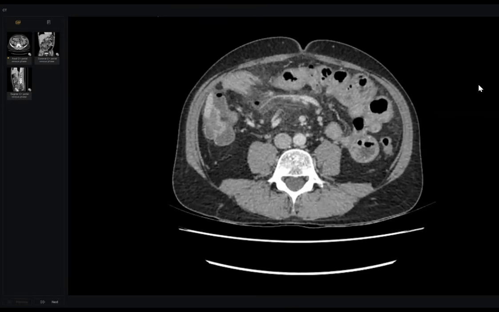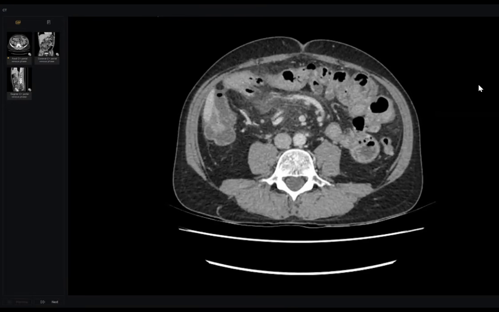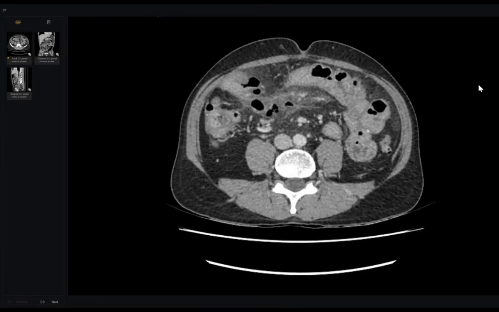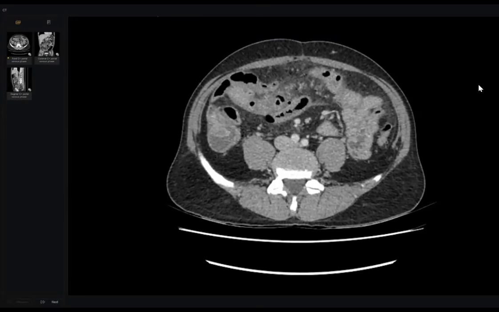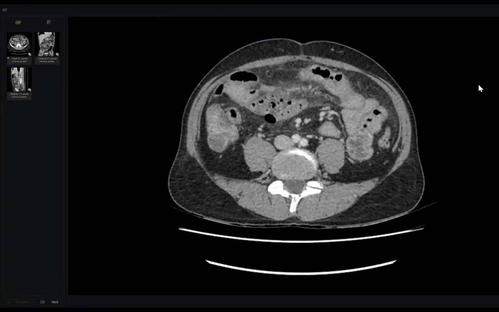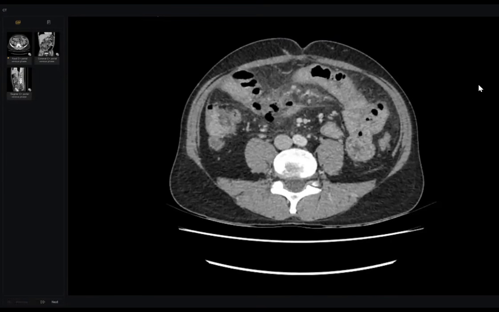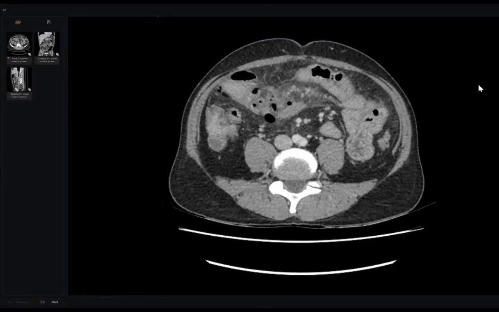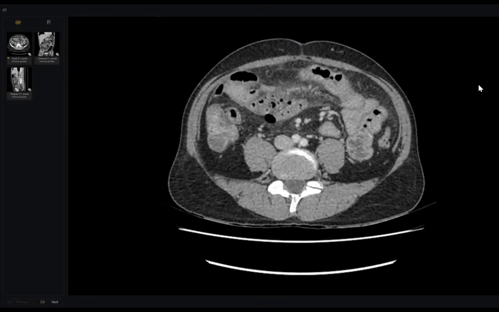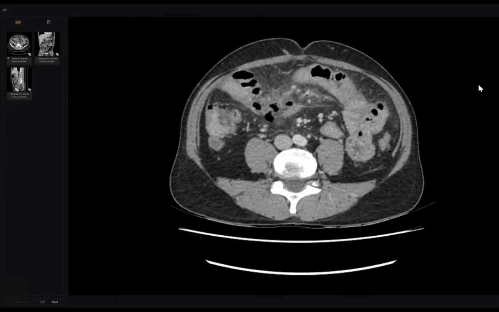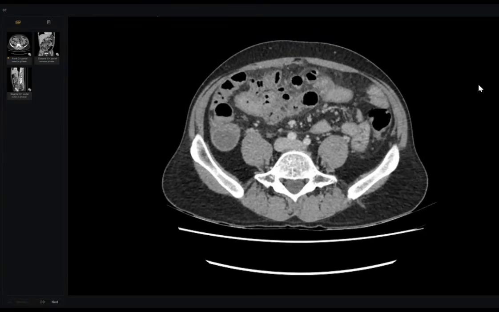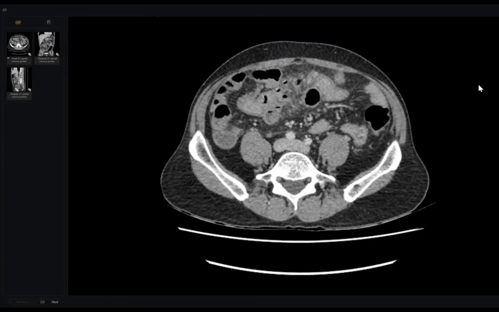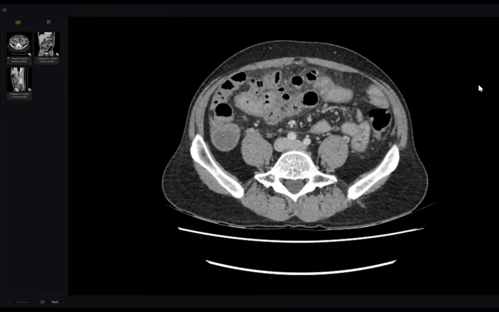Yes, sir. Sir, here please stop. Yes. There is circumferential thickening of the small bowel loops. Okay. Sir, can you scroll from the top? To the top. Okay, once again, please. I want to check the right mesenteric vessels actually.